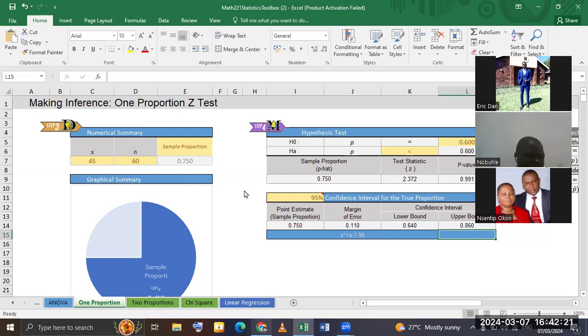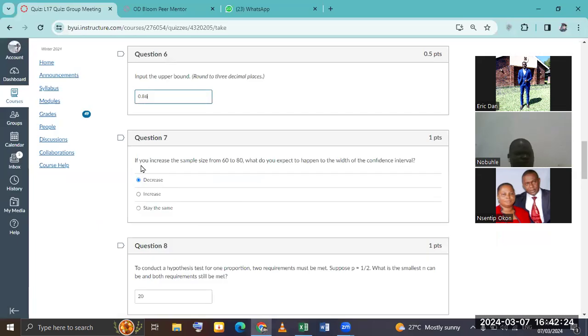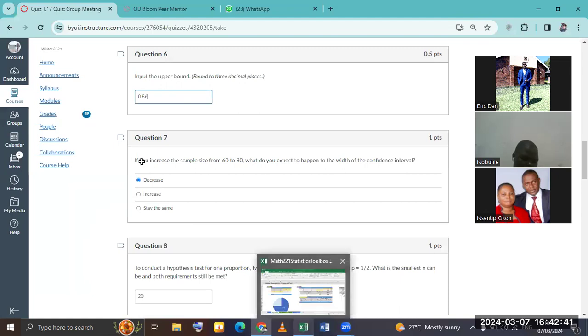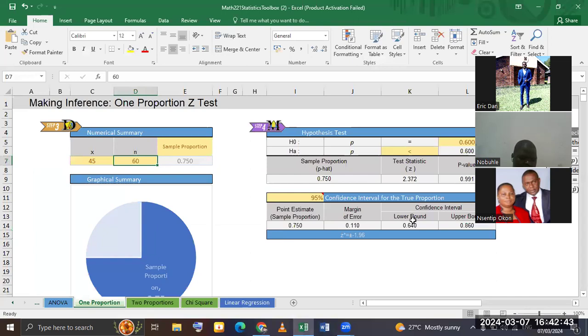So just number 7. Question 7 says, if you increase the sample size from 60 to 80, what do you expect to happen to the width of the confidence interval? So what I did is I got this same 80 and then I just inserted it right here. So you see, the width is between 0.64 and 0.86, and the difference between the two is 0.22.